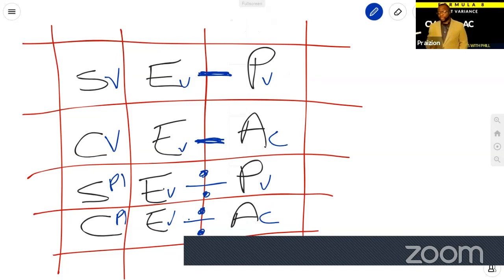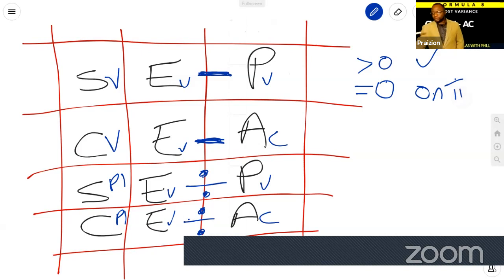That's a cheap way I can think of for you to remember this. And just remember, for variances, greater than 0 is good, equal to 0 is on target, and less than 0 is bad.